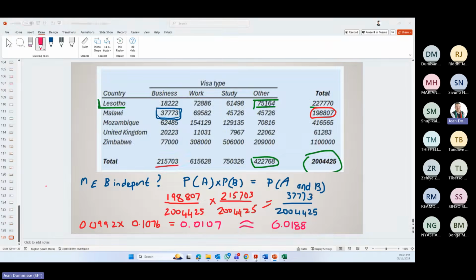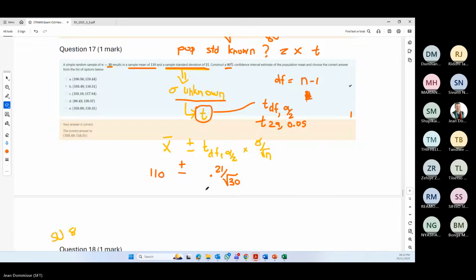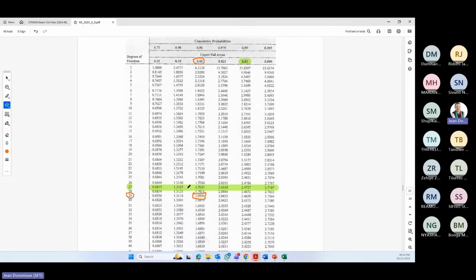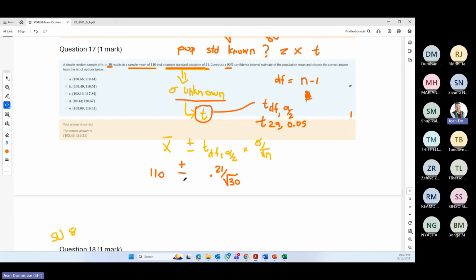Okay, so 1.6, and let me just check again, 1.6991. Okay, so 21 divided by the square root of 50, that gives us 3.8341.